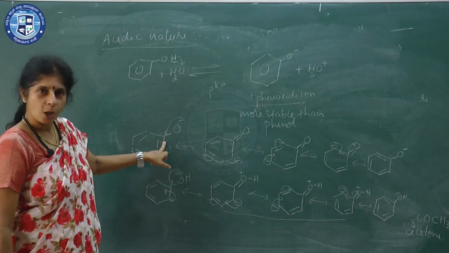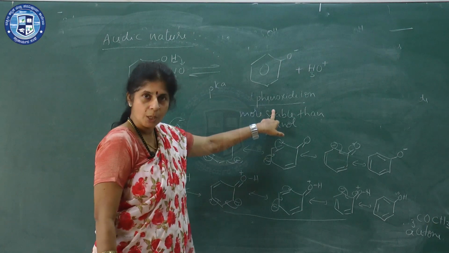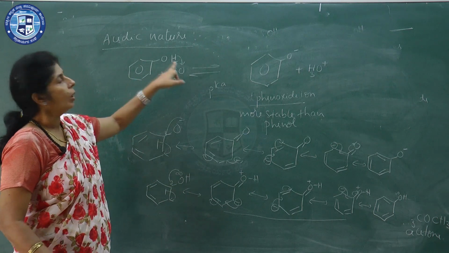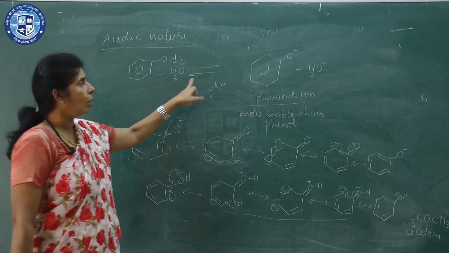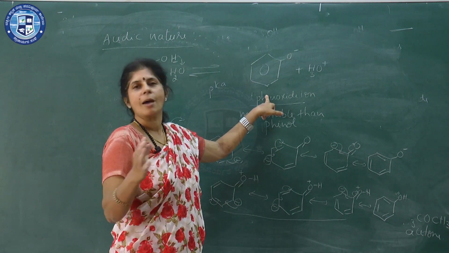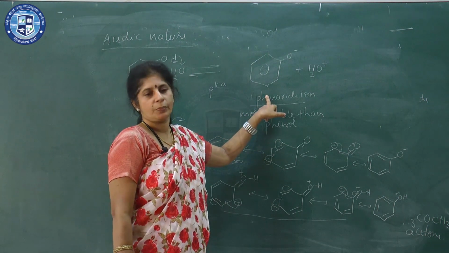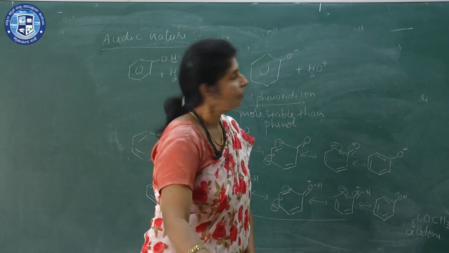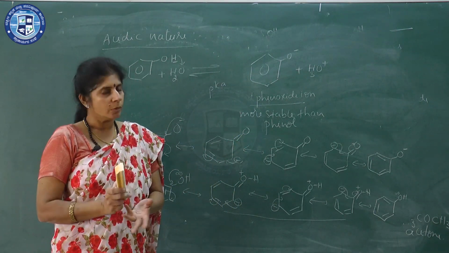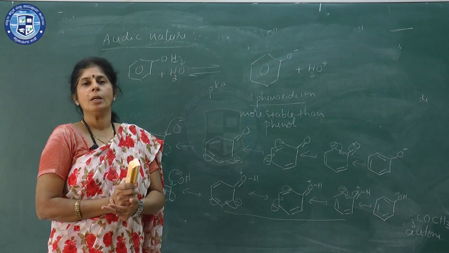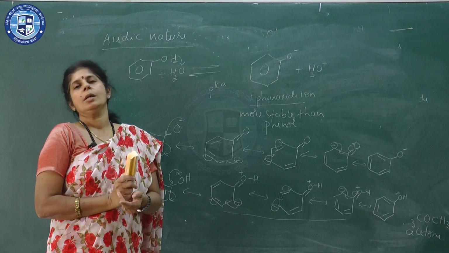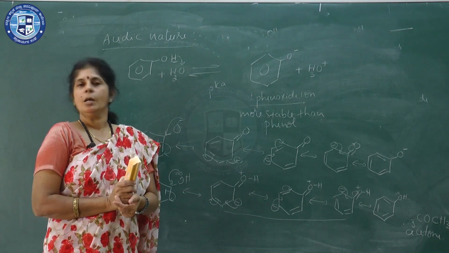Therefore, phenoxide ion is more stable compared to phenol, so phenol donates the proton forming phenoxide ion. That means it is acting as an acid, showing acidic nature. So this is an important point you have to remember. Phenol is acidic in nature because it is able to donate a proton.